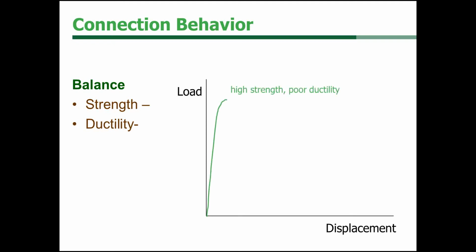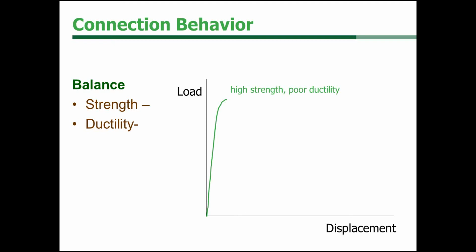If we have a really strong wall, however, with no ductility, it would be very strong, and then it would fail abruptly, which is something that we don't want. We want to have some ductility in that system so that it will go beyond that high strength and still not fail.